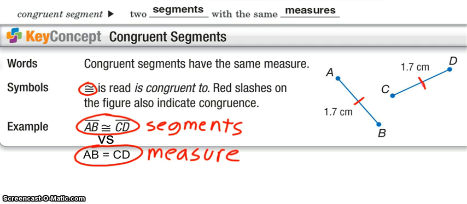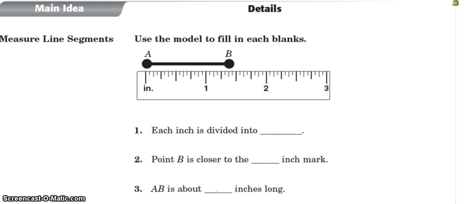Or let's just go ahead and shorten it and put measure. The main idea here is to measure with a ruler. Now you know with a ruler we'll be measuring in inches. With a ruler, each inch is divided into 16ths.